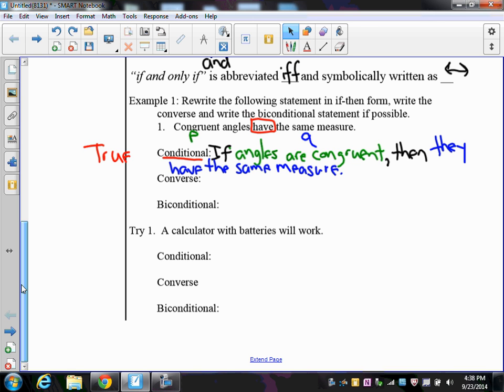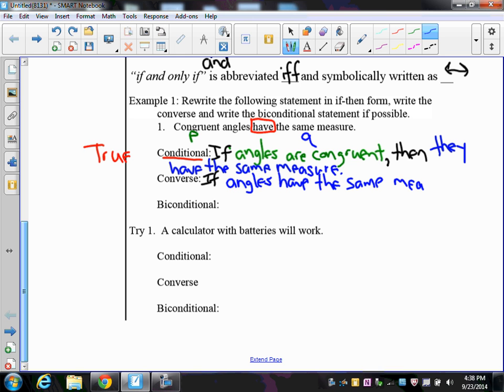And then we have to write the converse. This is where we flip it. So we will say if angles have the same measure, then, and now we take our original hypothesis, the green part, they are congruent.